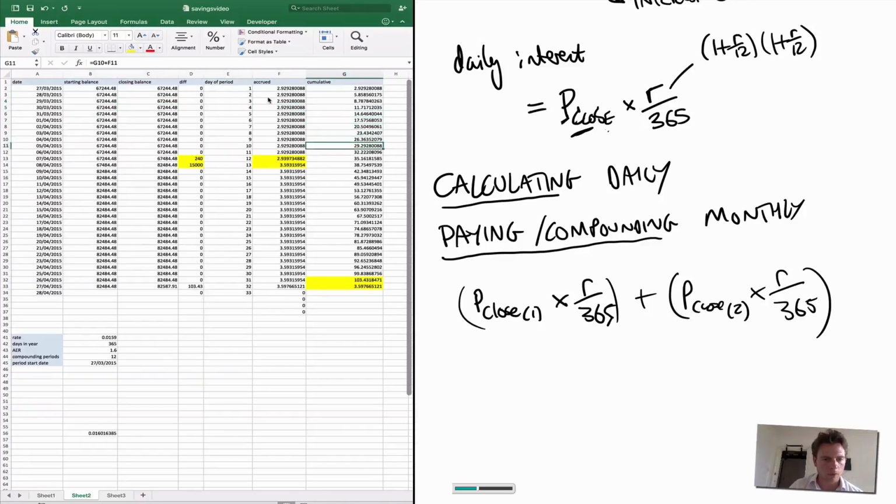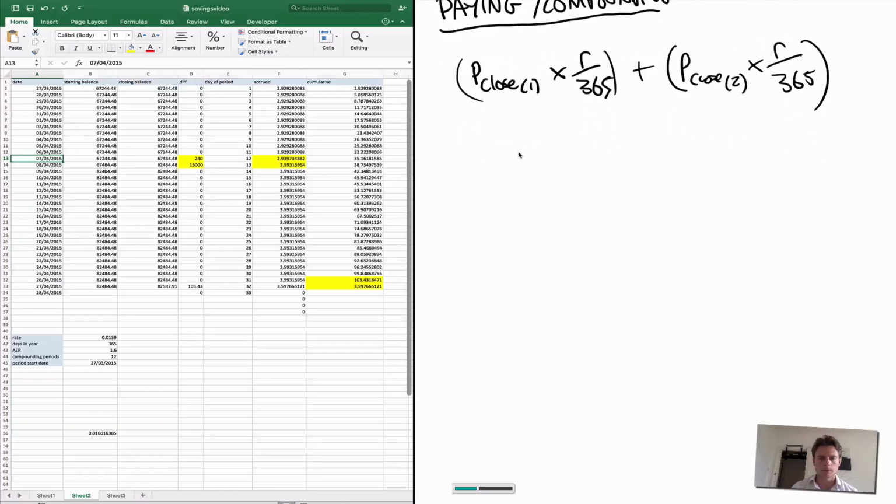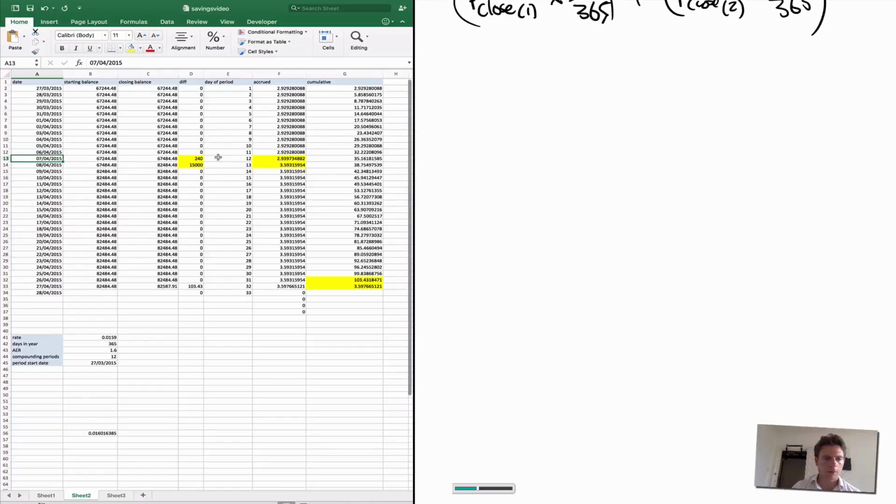The first time we see anything interesting is on the 7th of April, and this is very interesting. On the 7th of April, I paid £240 into my account.